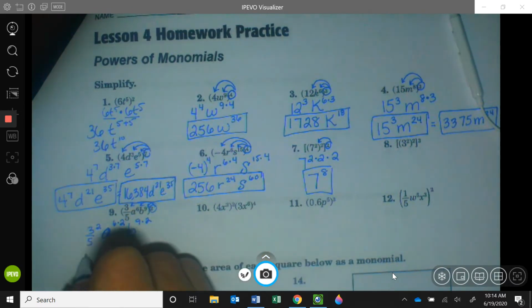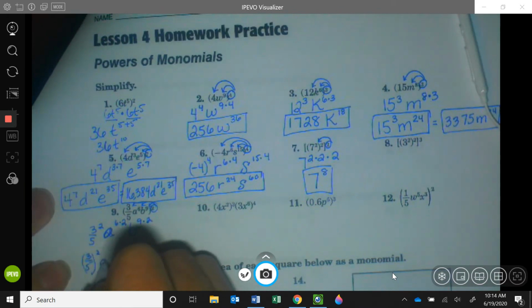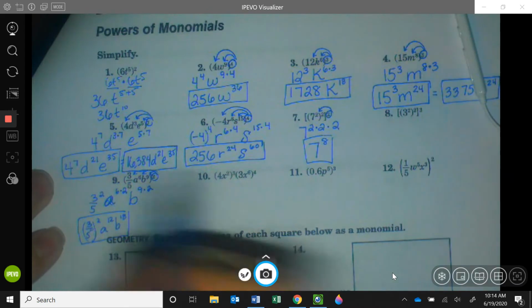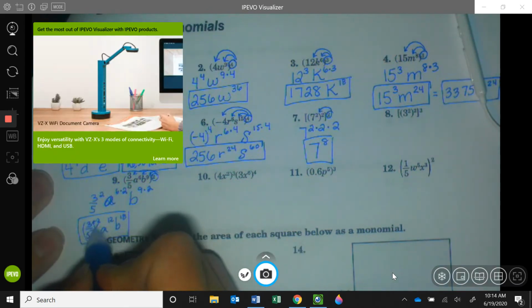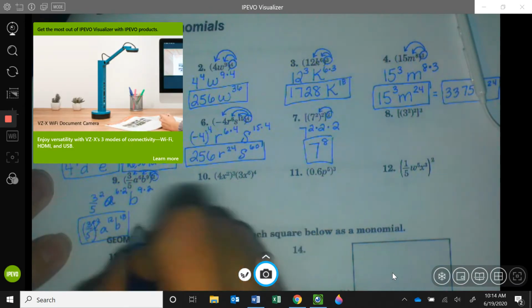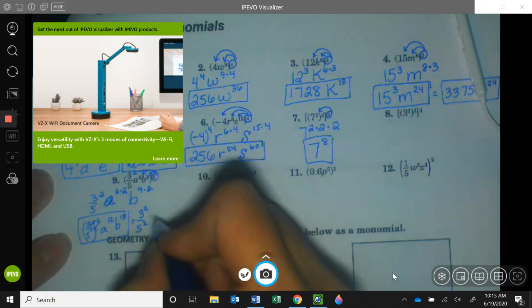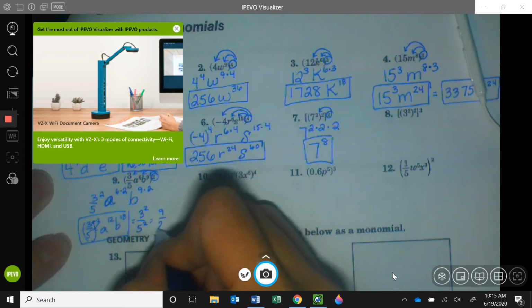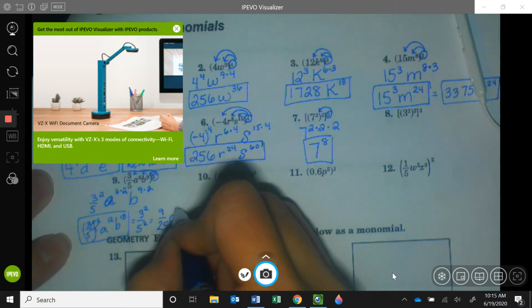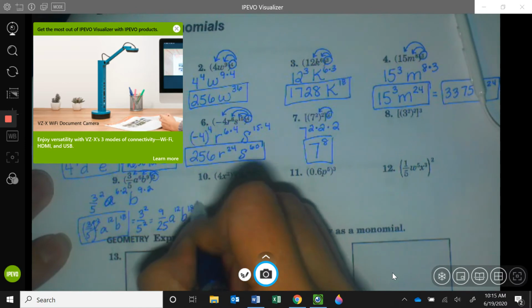So now we have 3/5 squared, A to the 12th, B to the 18th. When you deal with fractions that are being raised to an exponent, it has to go to both numbers. So this is actually 3 squared over 5 squared, which is really 9 over 25. And then we can put the rest of the problem.